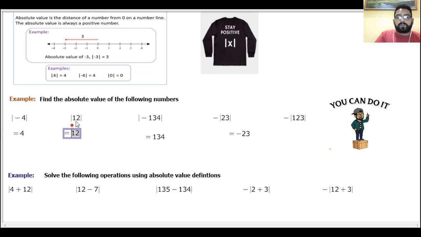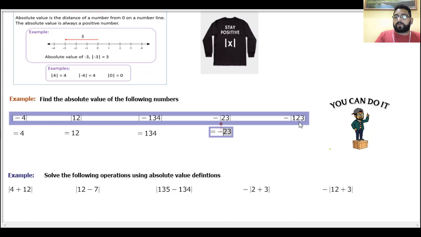So we have the absolute value of 12 is equal to 12. The absolute value of -134 is equal to 134. The negative of the absolute value of 23: we copy the negative outside, and the 23 inside. So the absolute value of 23 is 23. And finally, we have the negative of the absolute value of 123.